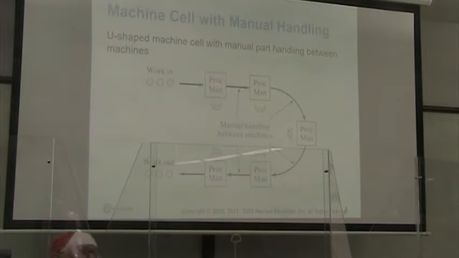What is wrong with this work cell? Don't worry, I'll wait. What's wrong with it is it's going the wrong direction. You should feed in and things should go from right to left.